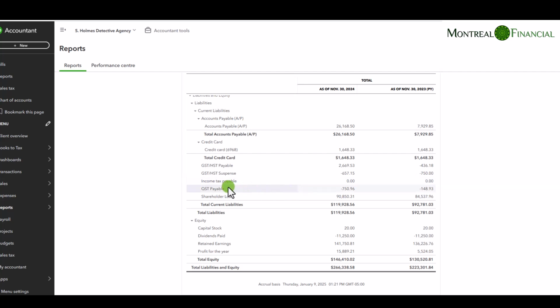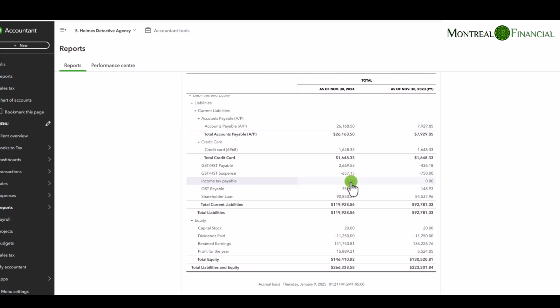Canada. Income tax payable will be the amounts that you owed, and this is really only for corporations, that you would have owed in previous years for your income taxes. It could also be a place where you put installment payments for your corporate income taxes, and then it would be a negative amount.